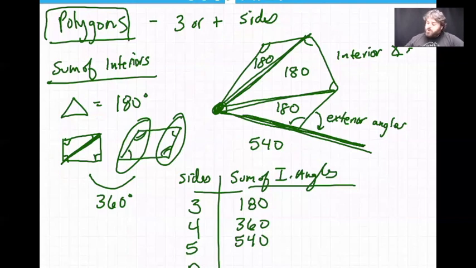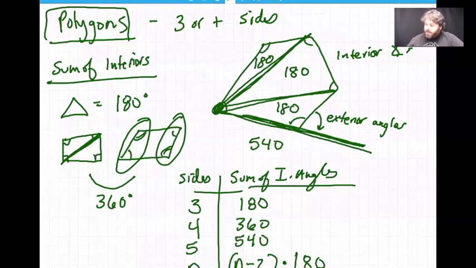So really what we do is n minus 2. Whatever the number of sides is, we take away 2, and then we realize that each of those triangles we just created has 180 degrees in it. So we do n minus 2 times 180.